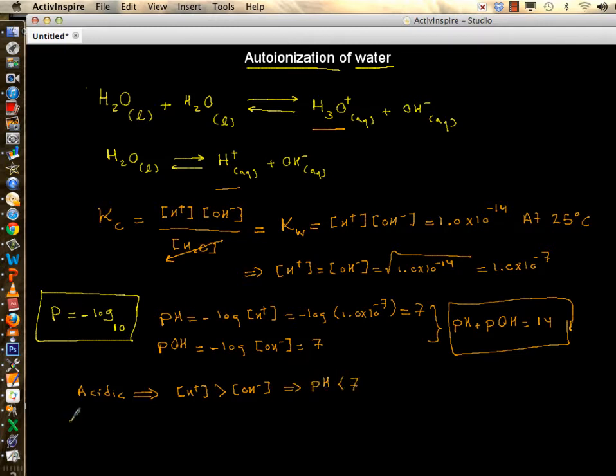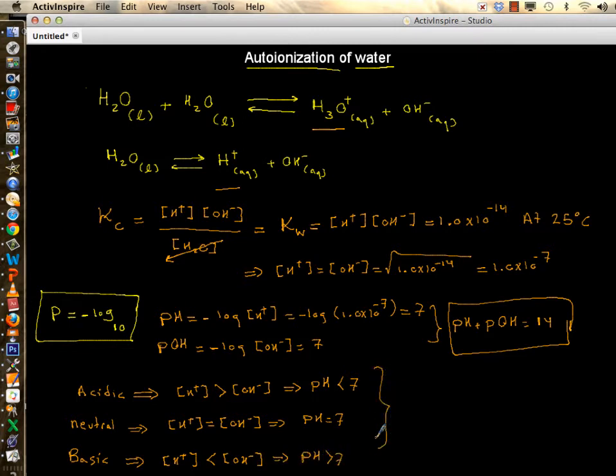If you call pure water neutral, which it is, it simply means you have equal quantities of H plus and OH minus, concentration-wise, and pH is 7. If you call something basic, like sodium hydroxide, that means simply in a moist solution you have H plus less than hydroxide and pH is bigger than 7.